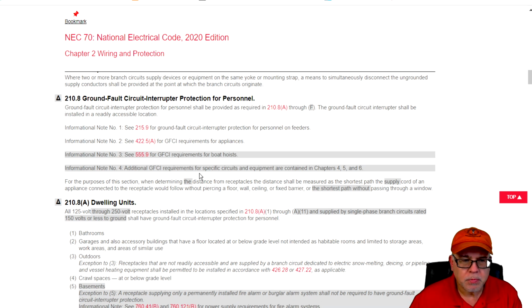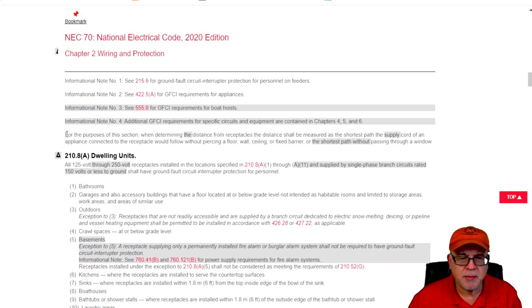Okay. Now, it goes on to also give us some guidelines for measurement. And this has kind of changed a little bit through the last couple cycles. Back in the 2014 code, you had this issue where you couldn't pass through. If you had a doorway, you had to forget the doorway was even there. The measurement would continue through the doorway, for example, or a door.